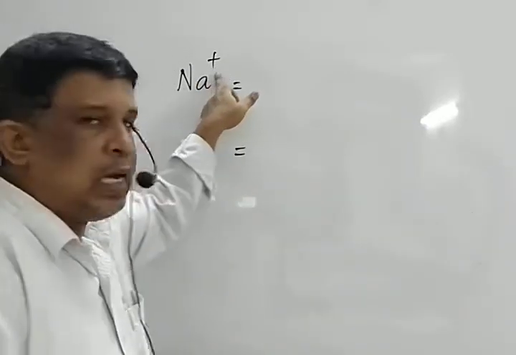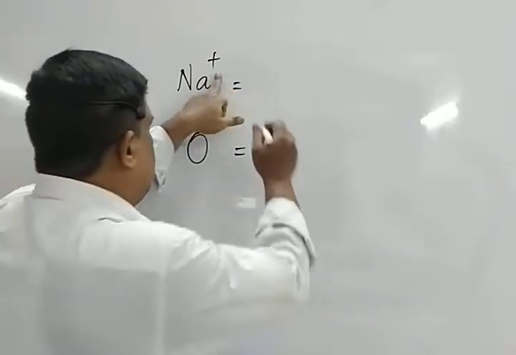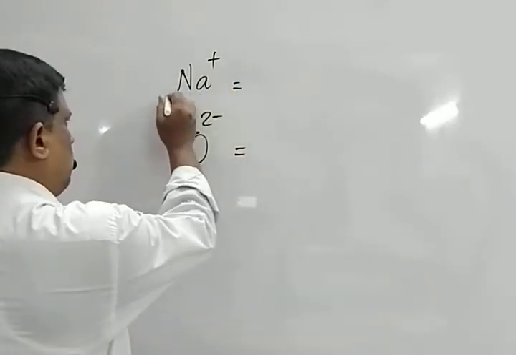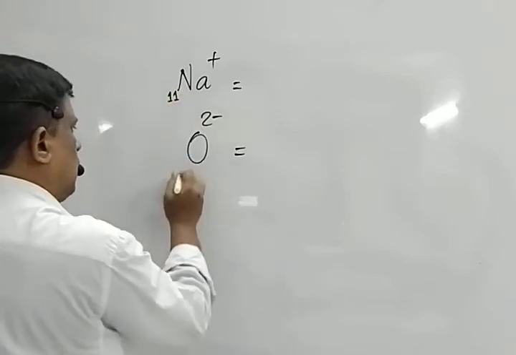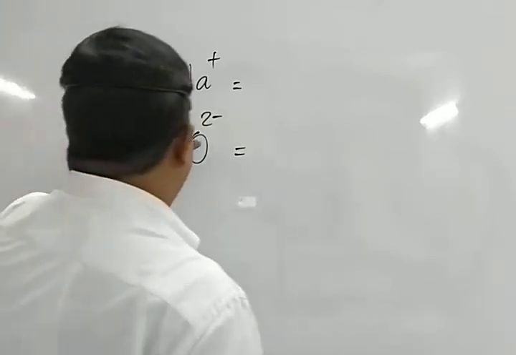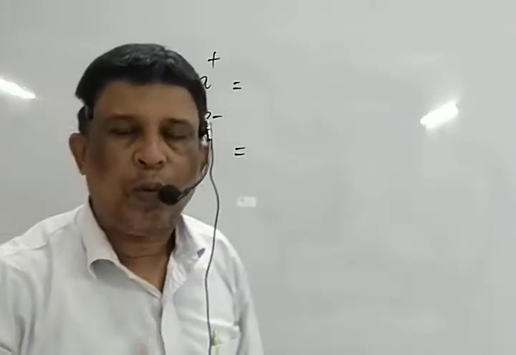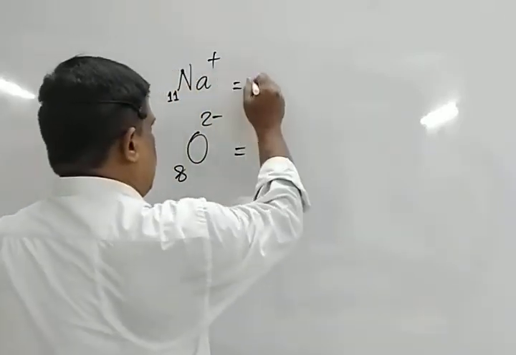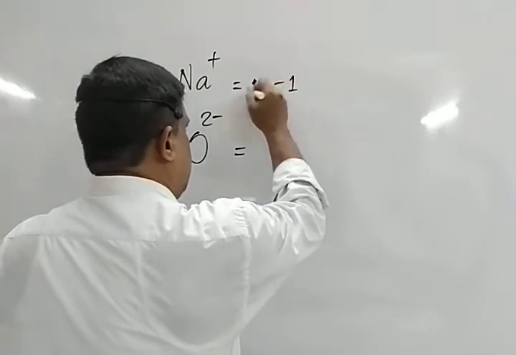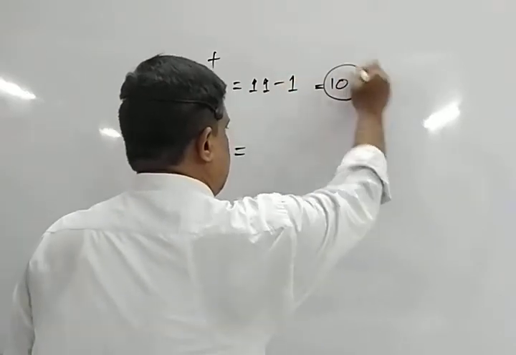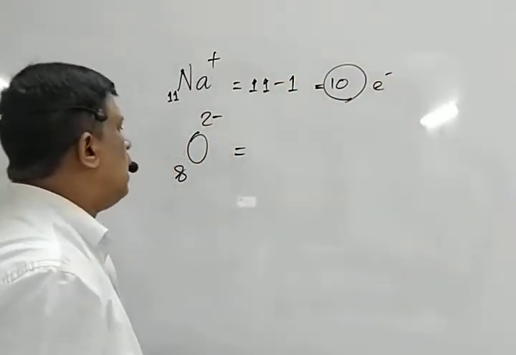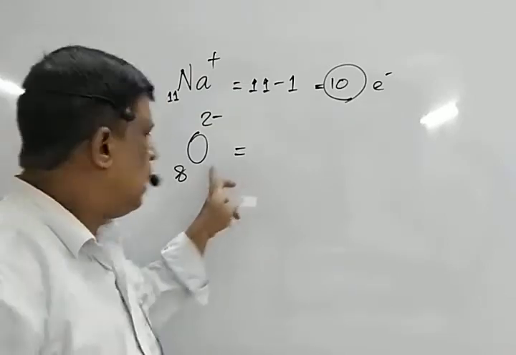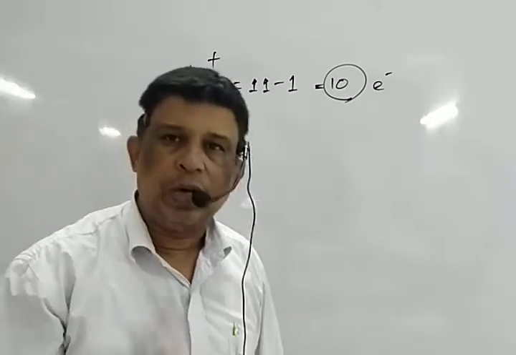In case of cation, as it is 1 plus, we know atomic number of sodium is 11, atomic number of oxygen is 8. 11 means number of protons is 11. Since it loses one electron, 11 minus 1 is equal to 10. This is the number of electrons. And in case of anion, atomic number 8 means number of protons is 8.